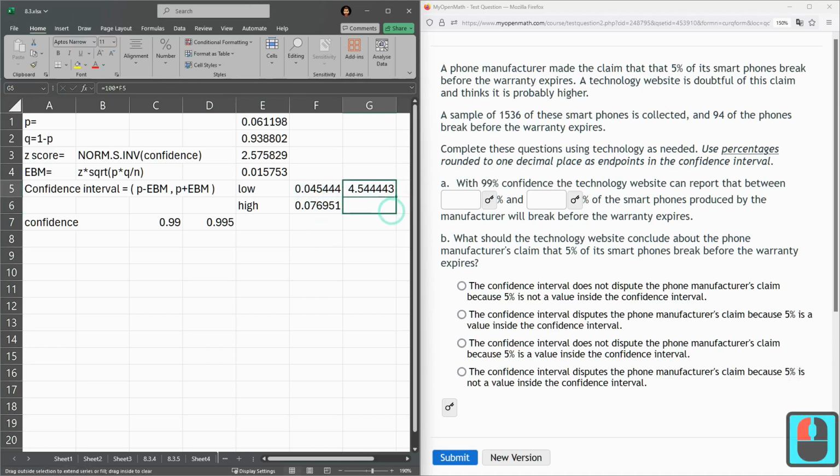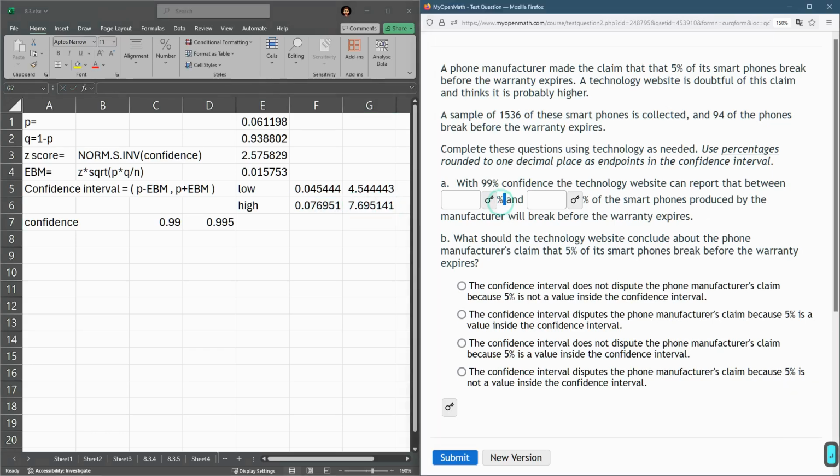And we'll duplicate that down. So again, it's just 100 times that value we got because the question wants percentage. So rounded to 1 decimal place it's 4.5. And the next one rounded to 1 decimal is 7.7. So we'll hit submit on those.